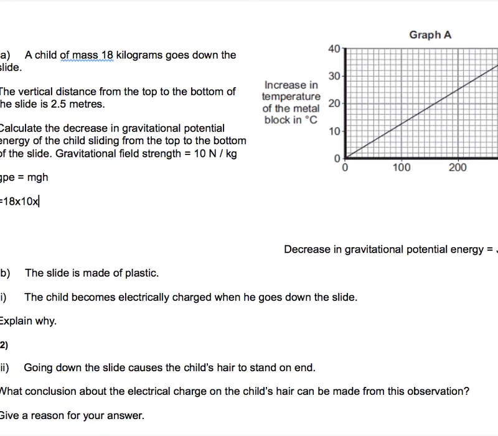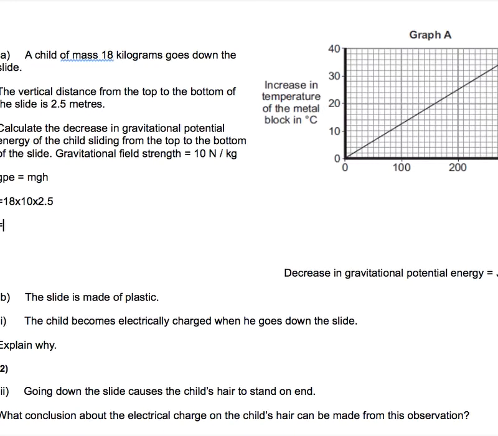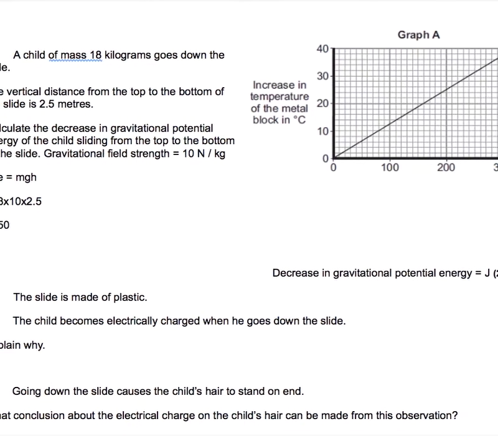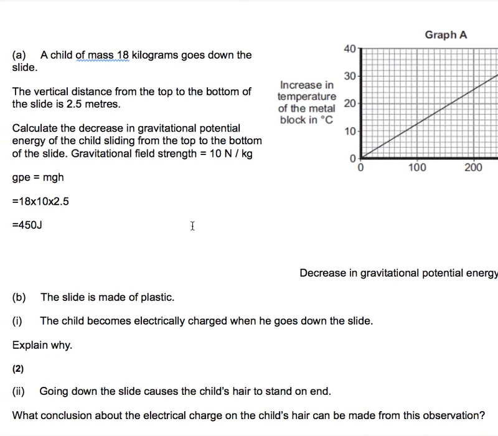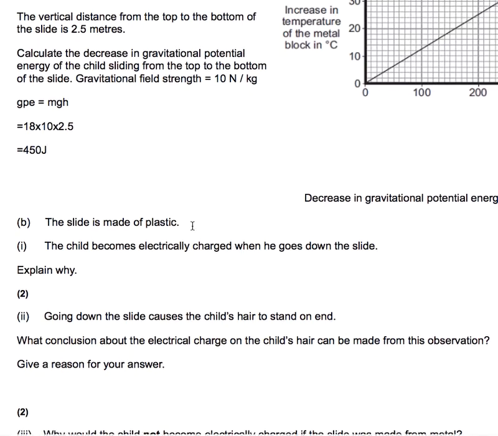You'll be using 9.8 in the GCSE, but the question says 10, so we'll go with that. And 2.5 meters. So multiply all that together and you'll get 450. And the units down here are given to you already, joules. So 2 marks, but if you don't know your equation, nothing.